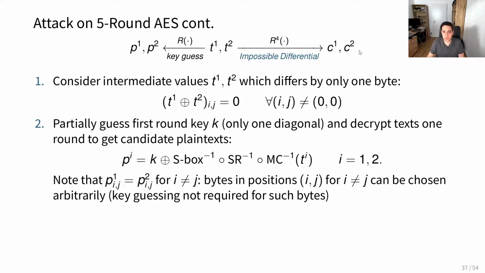And what we do now is check if the impossible differential is fulfilled or not, so if this mapping holds or not. And if it doesn't hold, then we can conclude that the key was not correct.